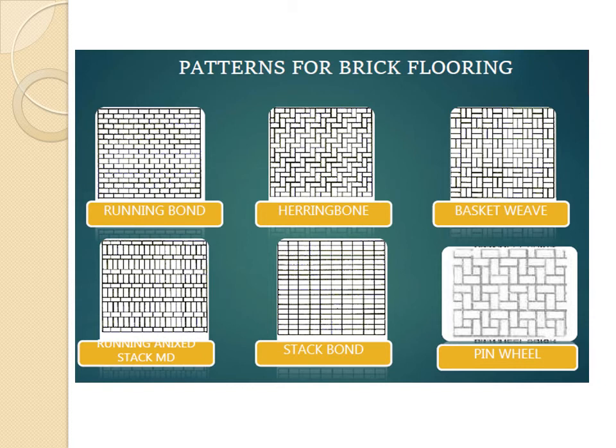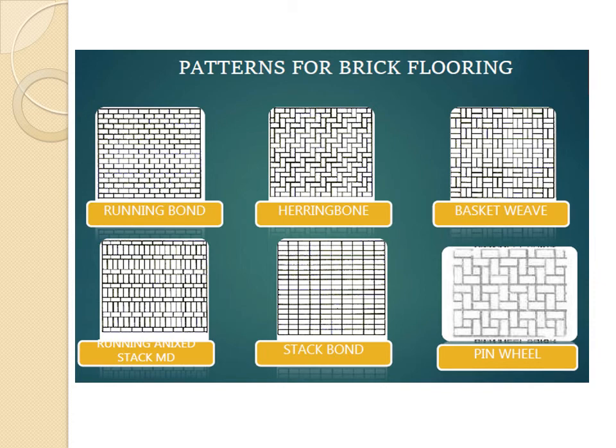In the same way, next running, then stack bond, pinwheel. Along with that, you might have learnt about the English bond, French bond, queen, king. So these are the different bonds. The ones shown are for flooring. The ones I said just now, like king, queen, those are for the walls.